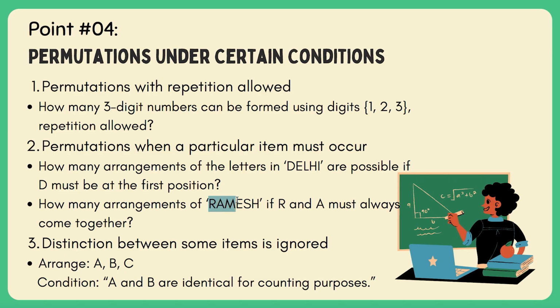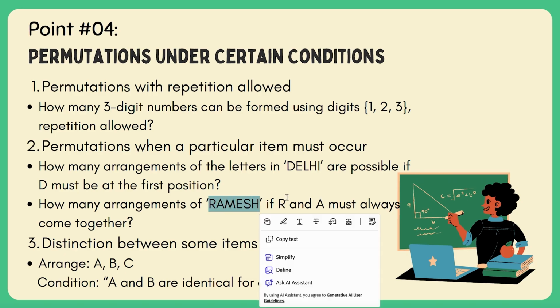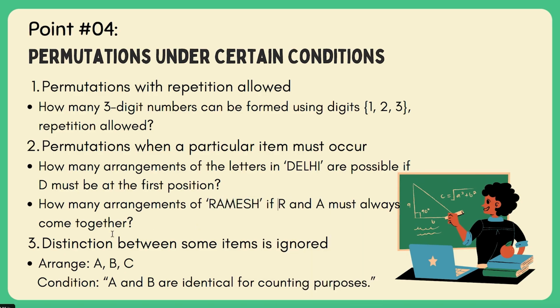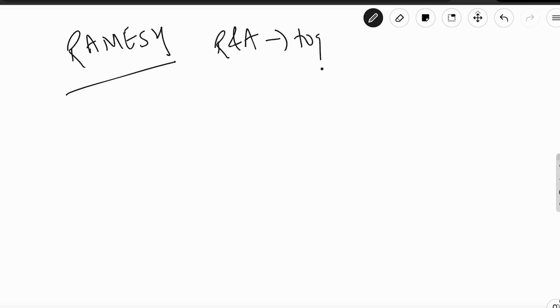How many arrangements of the word Ramesh are possible if R and A must always come together? R-A-M-E-S-H. If R and A must come together, let's consider R and A as one entity.